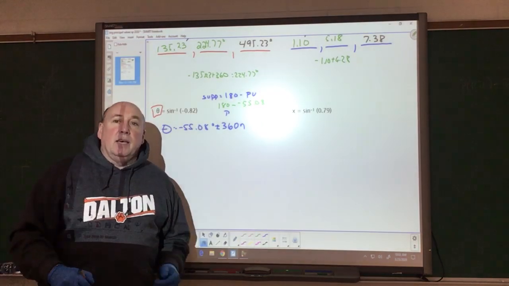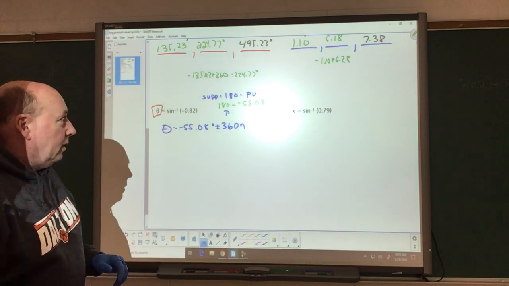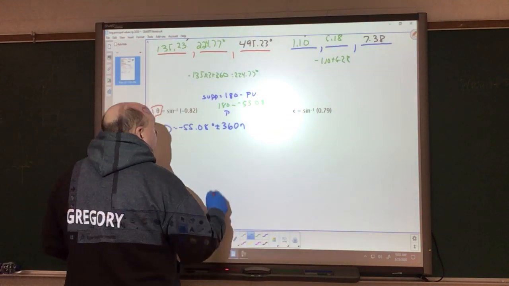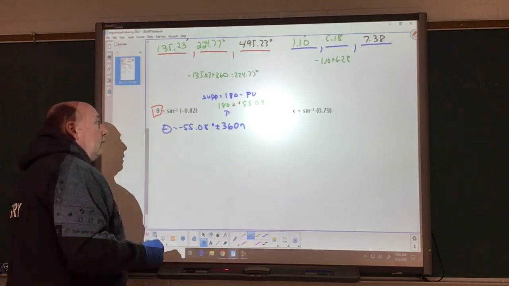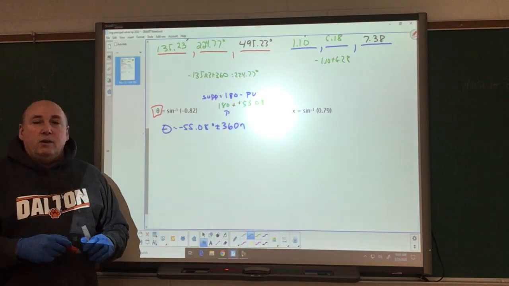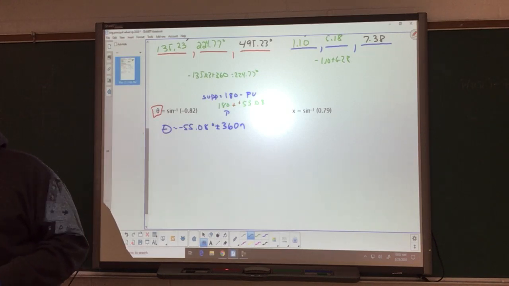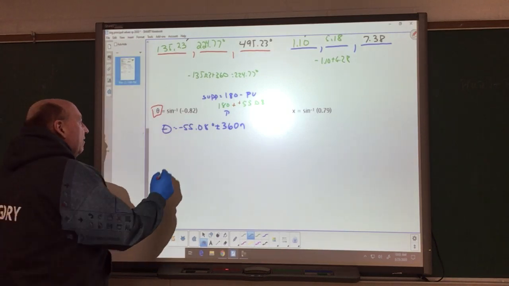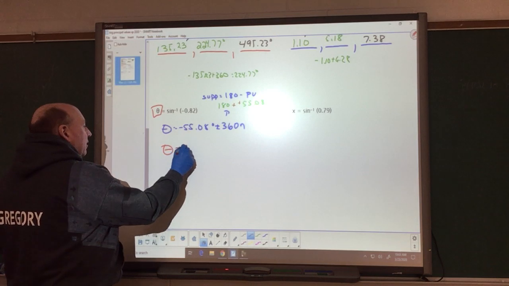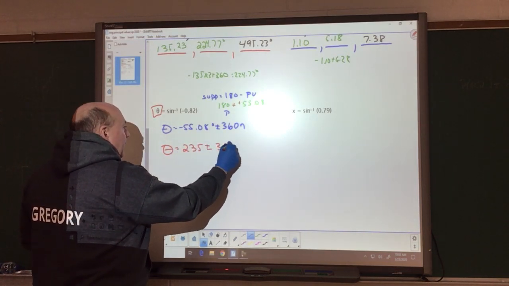So we have minus negative, so we got to do a little boom ching in there. So we boom ching this. So we have 180 plus 55.08, so we come down to 235 plus or minus 360 n.